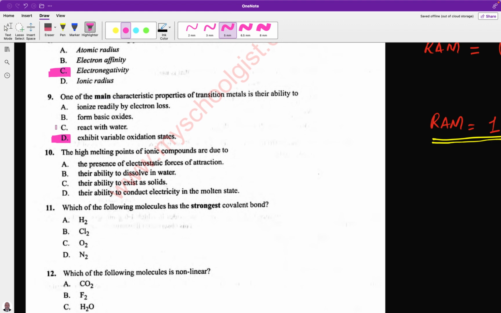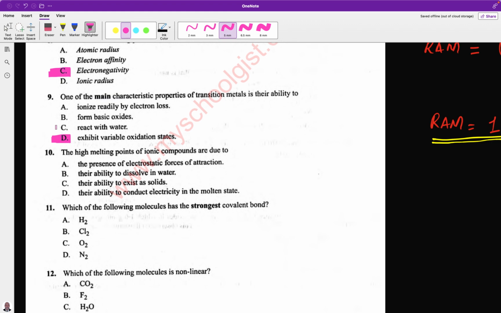It should come to your mind that ionic compounds are held by strong electrostatic force of attraction, the force of attraction between the oppositely charged ions, the positive and the negative. Because of it, it gives rise to a high melting point. It will need high energy to overcome that force of attraction.